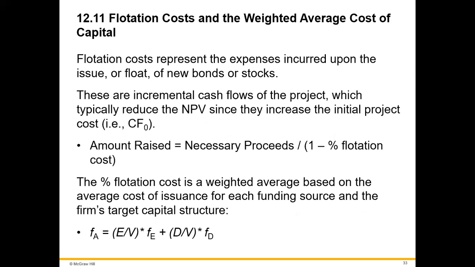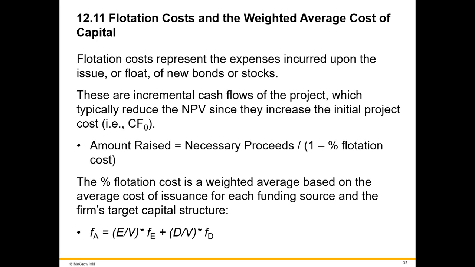Now, the next major area they talk about is something called flotation. Flotation costs are the amounts of expenses incurred upon the issue or float of new bonds or stocks. So this means when we sell new stock, it's not for free. We've got to pay some costs associated with it.